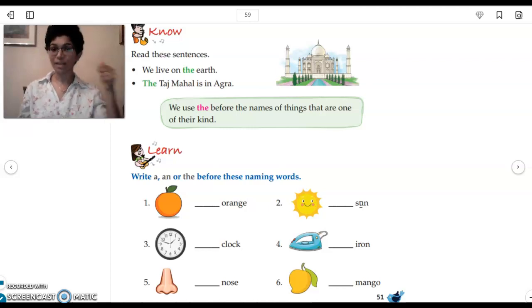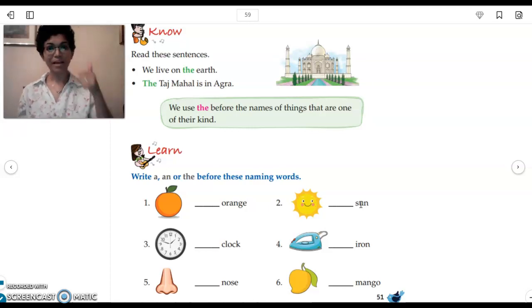Also we saw we can use the with countable nouns and uncountable nouns, meaning if there are more than one, you put the. Here in these exercises we will put the if there are more than one, because a and an we always use only for single nouns, singular nouns, one noun.